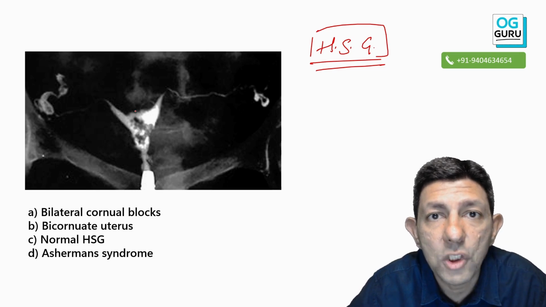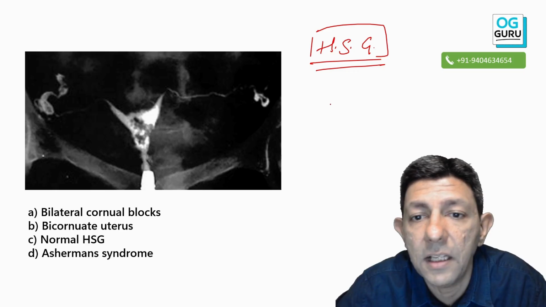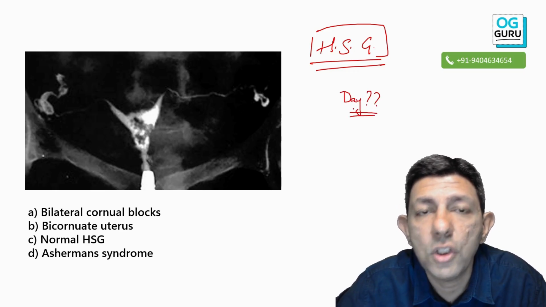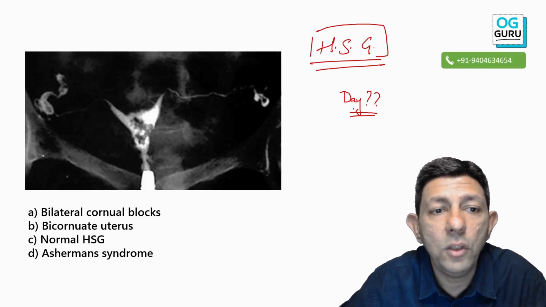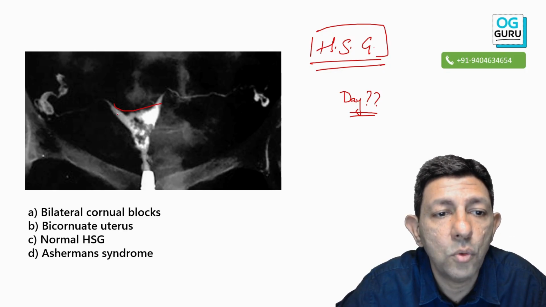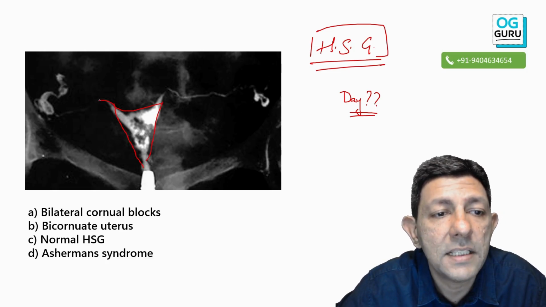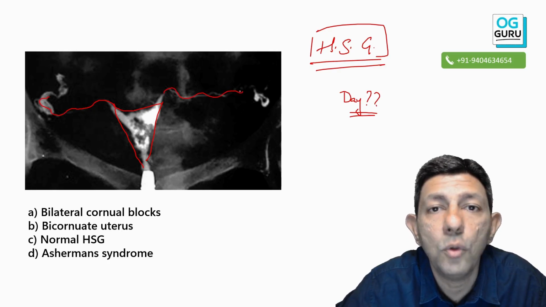Please comment in the chat box which day of the cycle generally the HSG is performed. Now when you look over here, yes, the uterus is appearing triangle. We can see the tube all the way up here. We can see this tube also.